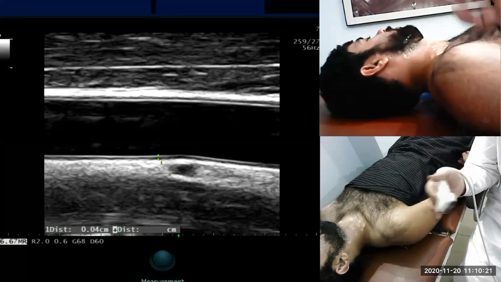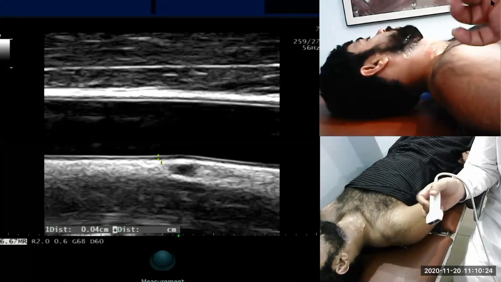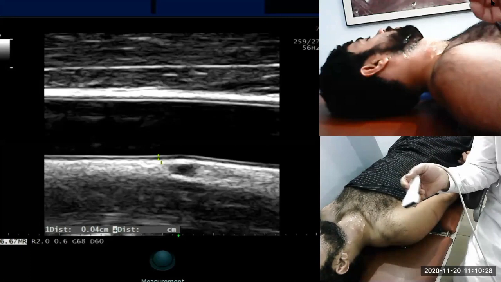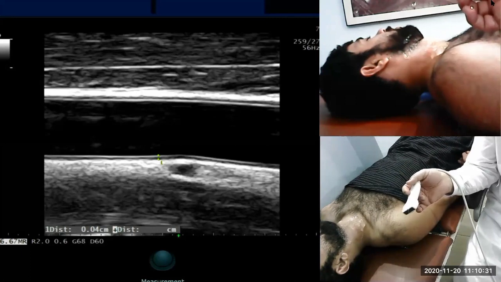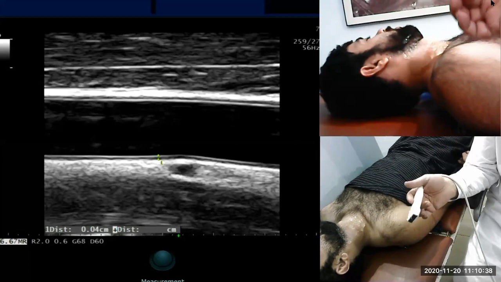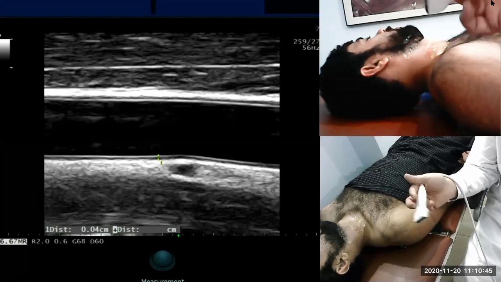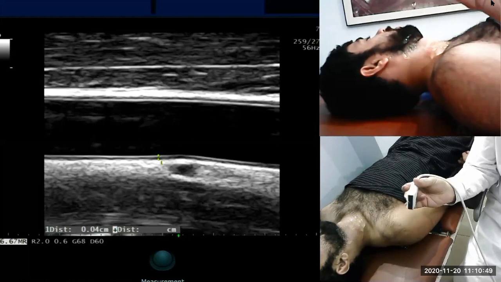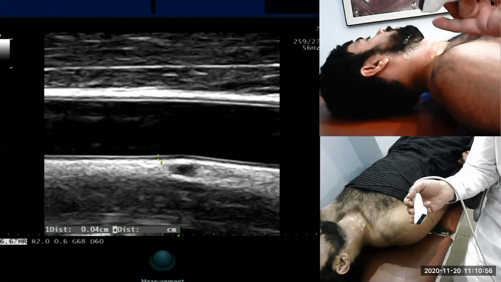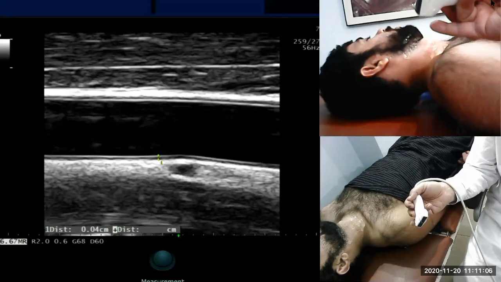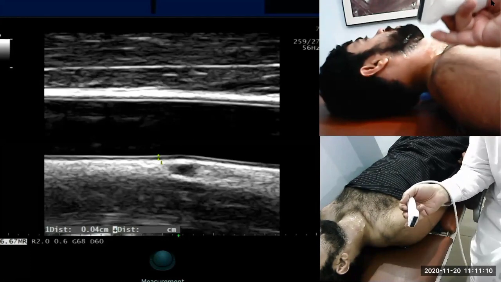But in diabetics and in hypertensives and patients having high cholesterol levels, etc., there is a predictive value of this intima media thickness in patients who are prone to develop myocardial ischemia in future.